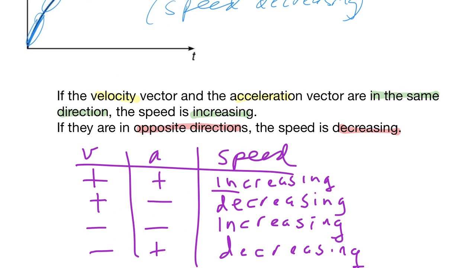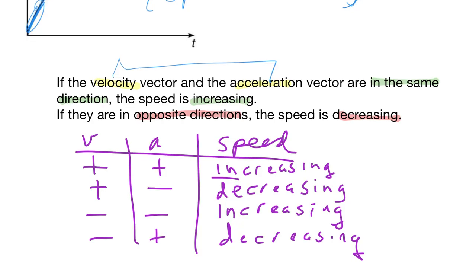Okay, since velocity and acceleration, we already talked about this. If the velocity and the acceleration are in the same direction, the speed is increasing. If the velocity and acceleration are in opposite directions, the speed is decreasing. So here are the 4 scenarios we've already talked about.